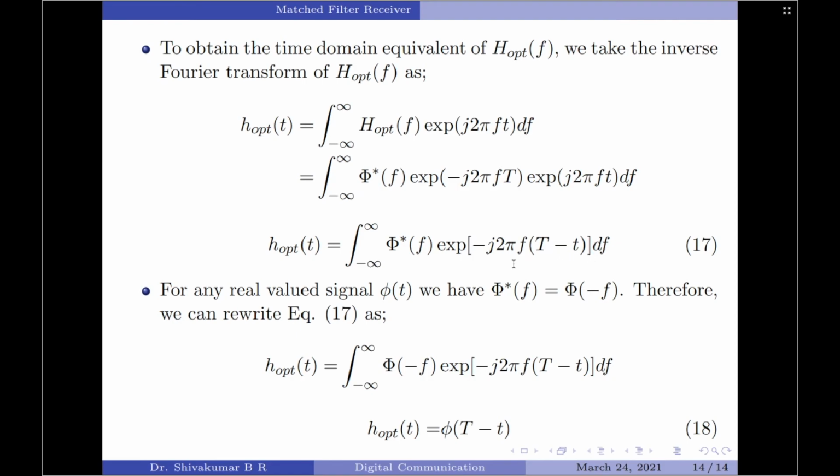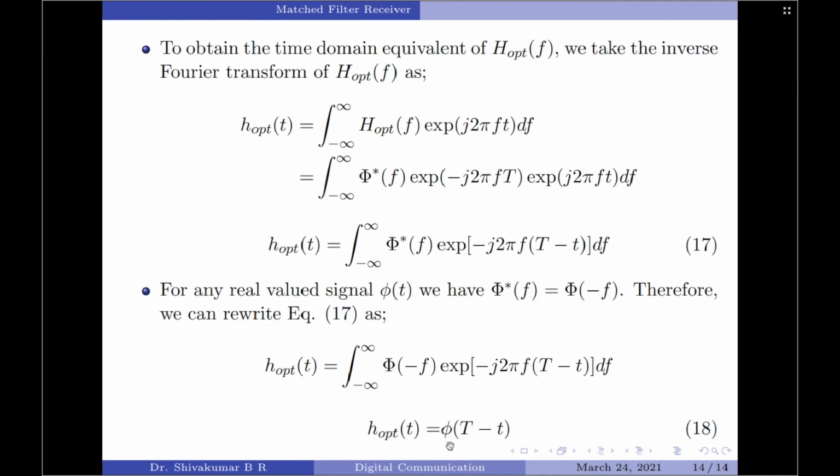We have previously stated that the orthonormal basis functions are real valued signals, and for any real valued signal we have phi star of f equals phi of minus f. Therefore, let us substitute phi star of f equals phi of minus f in the RHS of equation 17, which is rewritten as integral minus infinity to plus infinity phi of minus f into the exponential of minus j2 pi f capital T minus small t df. This term is equal to phi of capital T minus small t.